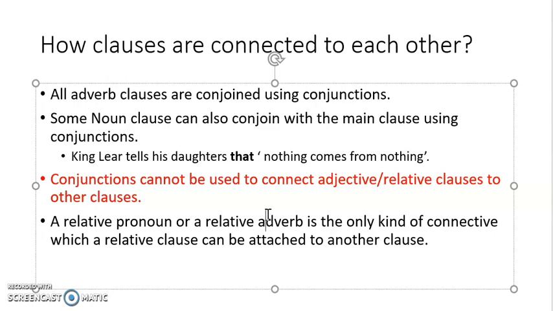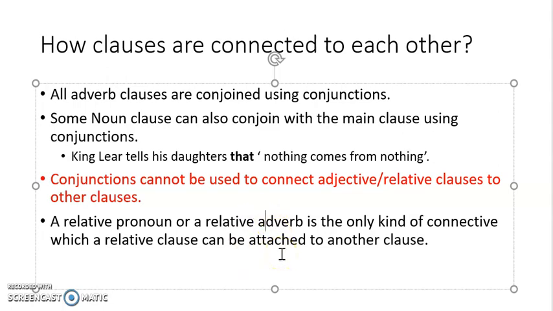Whatever words or relative pronouns you normally use there will never become a conjunction, because relative clauses can never take a conjunction. A relative pronoun or relative adverb is the only kind of connective by which a relative clause can be attached to another.